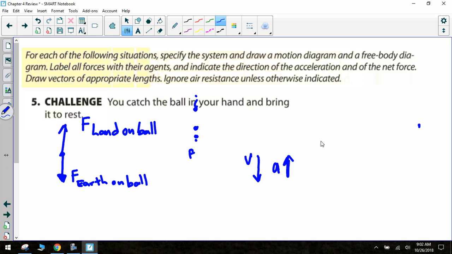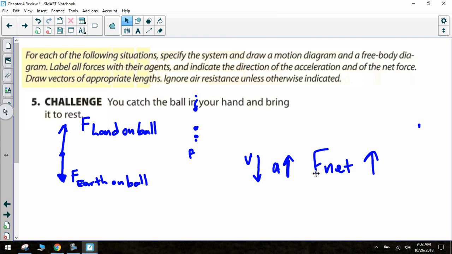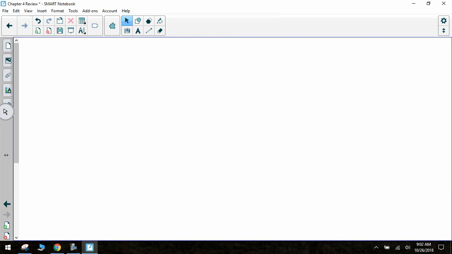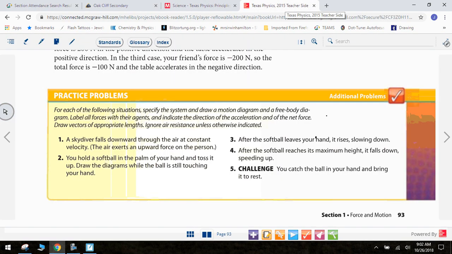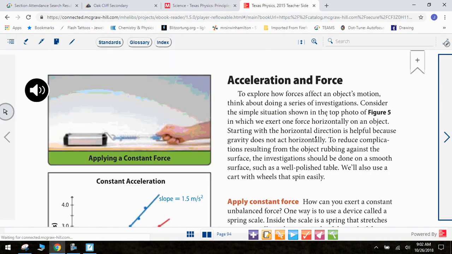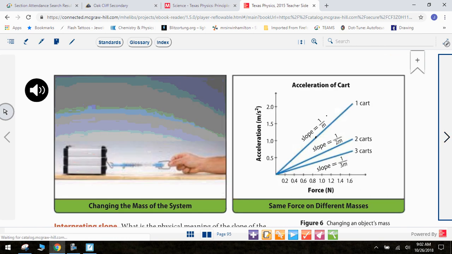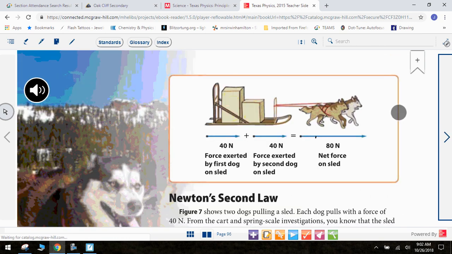So acceleration is up, so that means that the net force is also up. All right. Acceleration and force. We talked about that when we got into the second law.